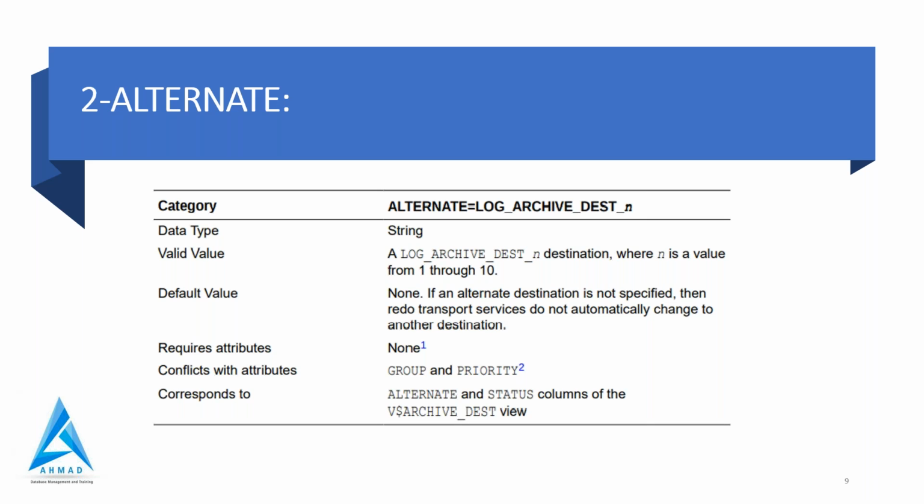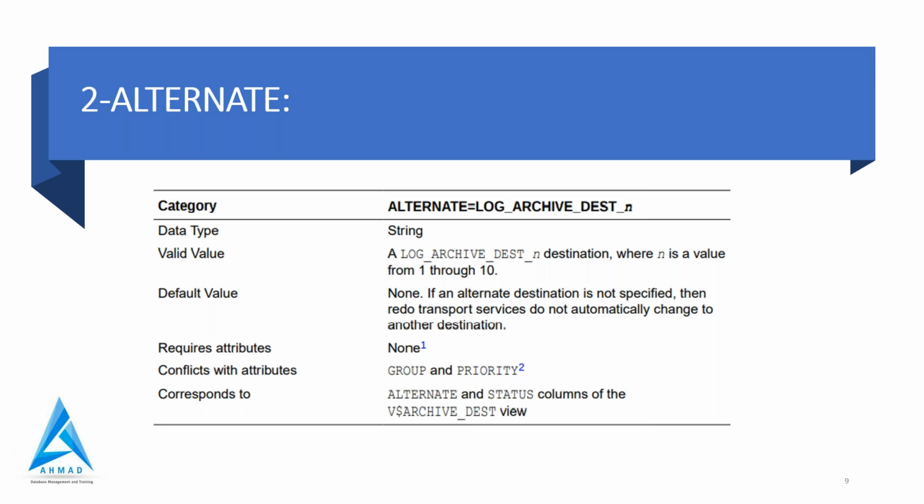Any destination can be designated as an alternate destination with the following restrictions: at least one local destination is enabled, and the number of enabled destinations must meet the LOG_ARCHIVE_MIN_SUCCEED_DEST parameter value. So that is another usage condition where you can specify the minimum succeed destination with this parameter.